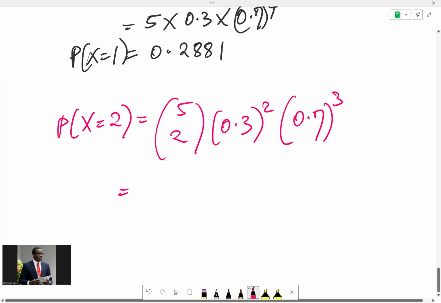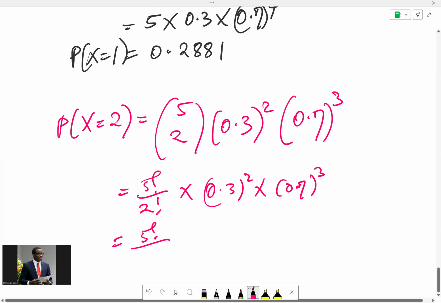So we have 5 factorial over 2 factorial times 0.3 raised to power 2 times 0.7 raised to power 3. Or better still, we can say 5 times 4 times 3 factorial all over 2 factorial, and 2 factorial is simply 2 times 3 factorial.